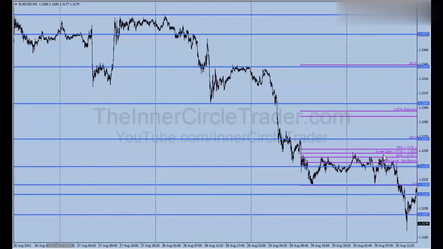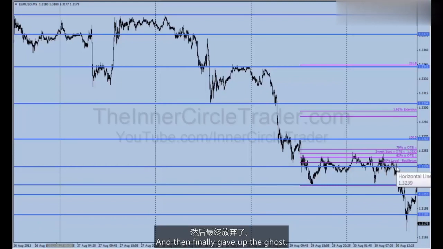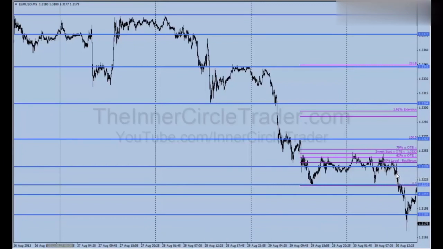This candle here is the 9:10 GMT. That's London Open. Price breaks down. A couple different little micro rallies in here, and then finally gave up the ghost at 12:30 GMT, which is New York Open. Again, trading right up into that 132.40 level, and then really fell out of bed.